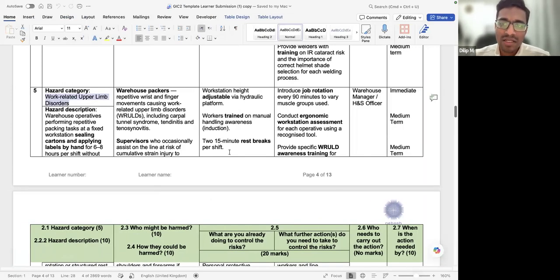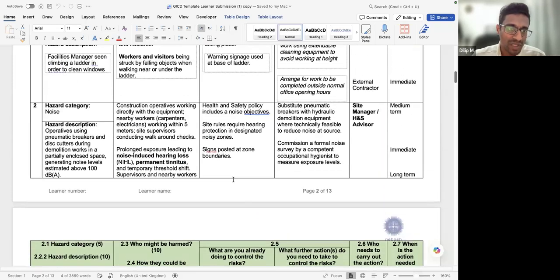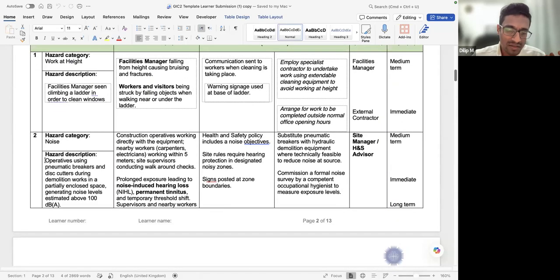For the hazard description, you must give a clear description of what the hazard is. Like yesterday when we were discussing the hazard description for noise or vibration, you have to clearly tell what the source of noise is, like the equipment or the process or the machinery, and for what purpose it is being used.